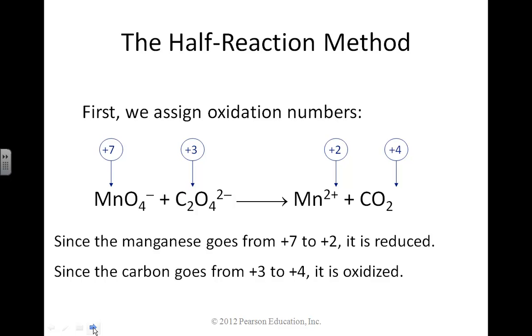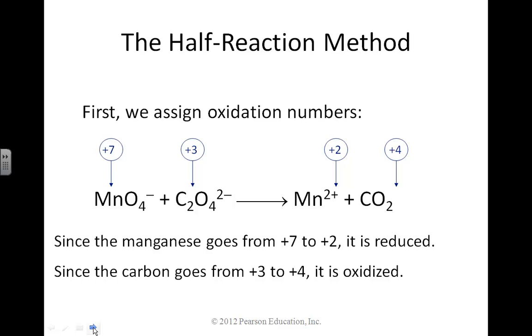Step 1, take a look at the overall equation and assign charges. Once you assign the charges, you can then recognize which species on the reactant side is being reduced. In this case, the manganese in permanganate is going from +7 to +2, so it's being reduced.